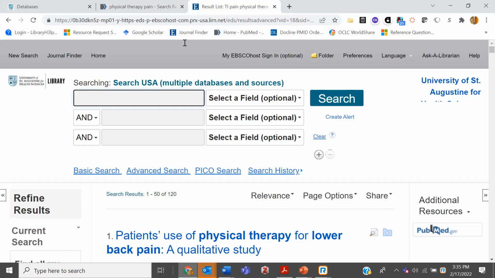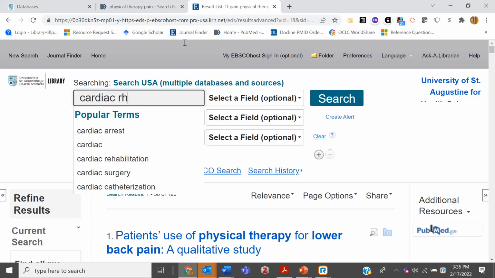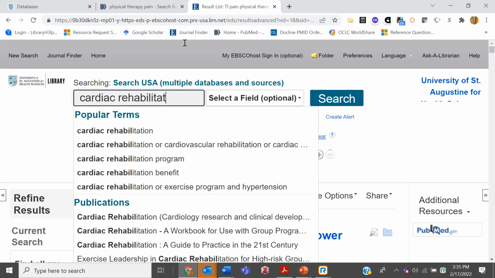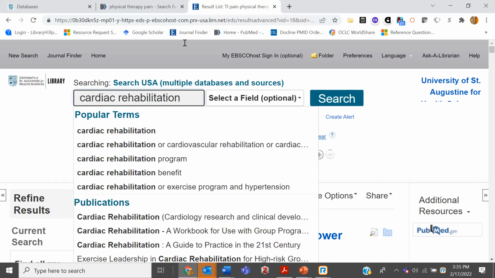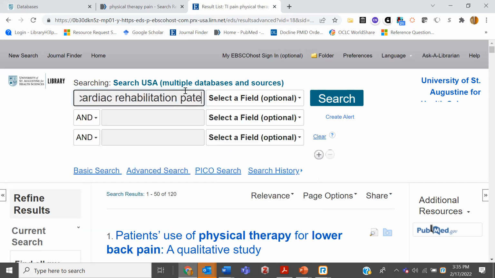So we might be interested in cardiac rehabilitation. We're just going to do a general keyword search, so we're not specifying a field here. But we're also interested in patient education, right?